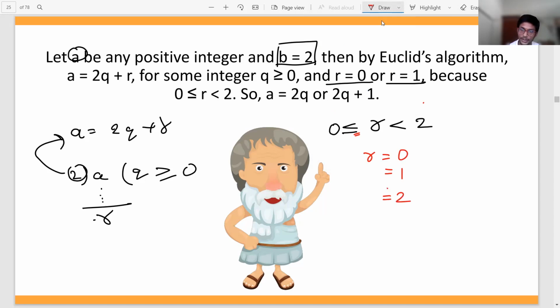No, it can't be equal to 2, because r should be less than 2. So r can take only these two values, 0 and 1. So a will be equal to 2q plus r.